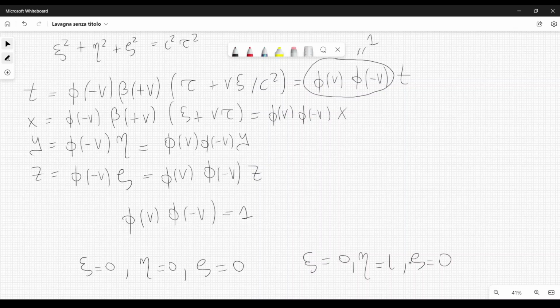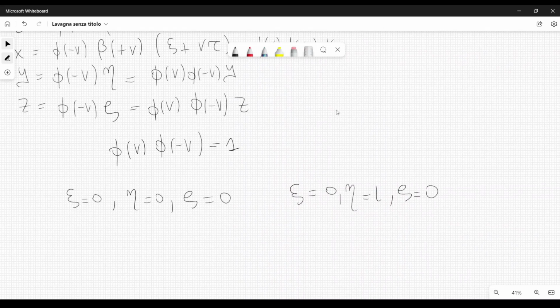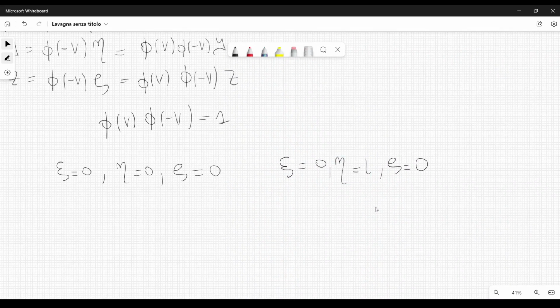According to the stationary frame uppercase K and the transformation laws, the endpoints will become like this.